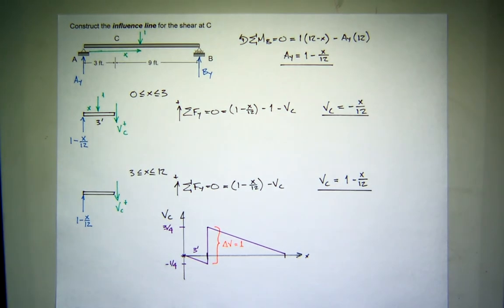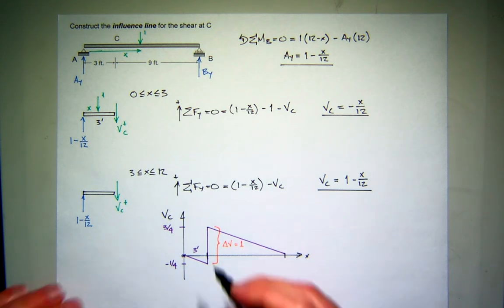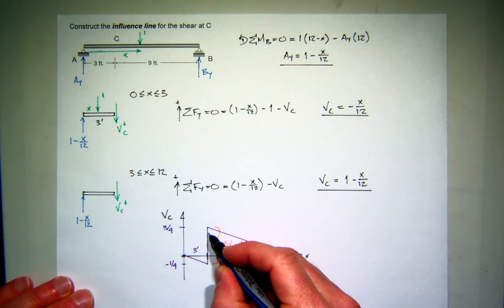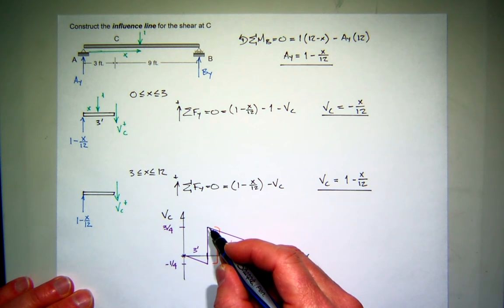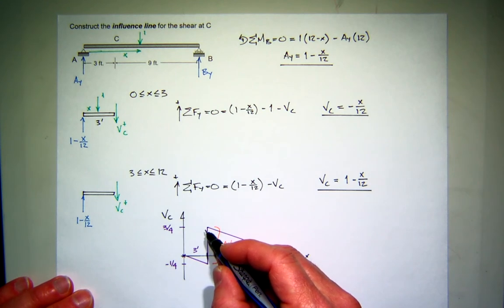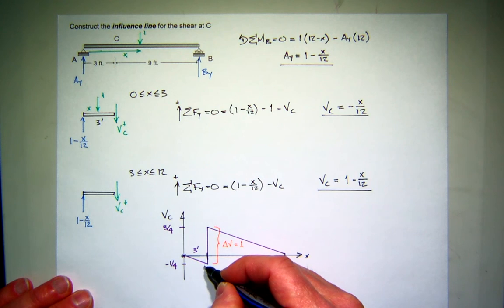So where would you go stand or ride your unicycle to create the maximum positive shear at C? Just past C. Just to the right of C, and you would be 3/4. So if you weighed 100 pounds, that'd be 75 pounds of positive shear. If you back up 1 nanometer to the left, the shear suddenly is only 25% of that, or 25 pounds, and it's negative.